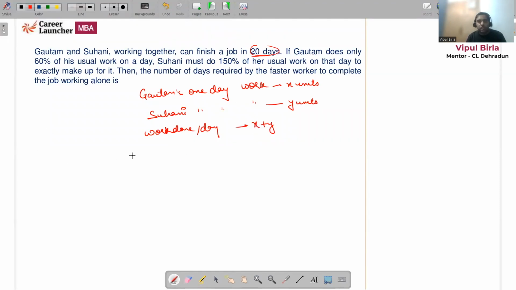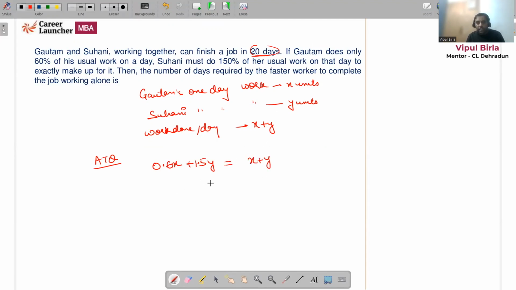Now, according to the question, they're saying if Gautam does 60% of the work in 1 day, that means 0.6x, then Suhani must do 150%. That means Suhani will do 1.5y, 50% more work to make up for it. That means it is as good as x plus y.